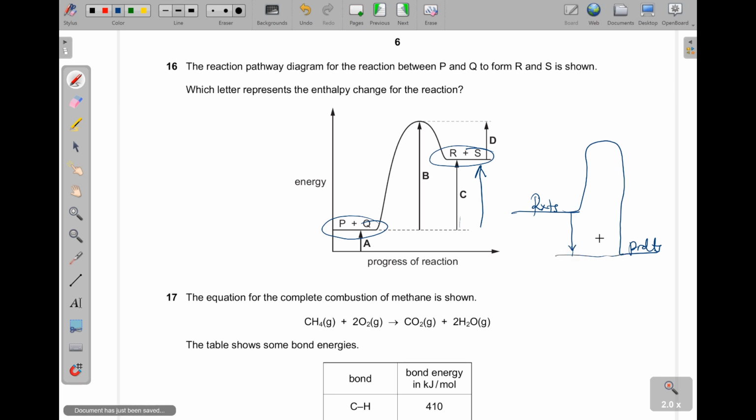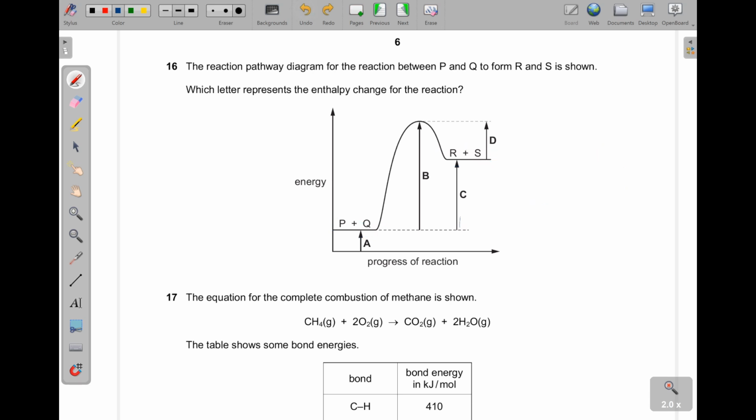Okay, and that is exothermic. The system is losing energy to the surrounding. That means the energy which is left in the products has to be very small. So that is why the products happen to be on a lower energy level. Okay, so our answer there is C.